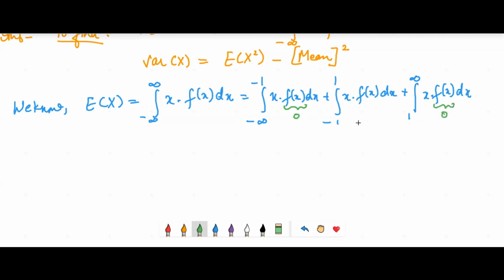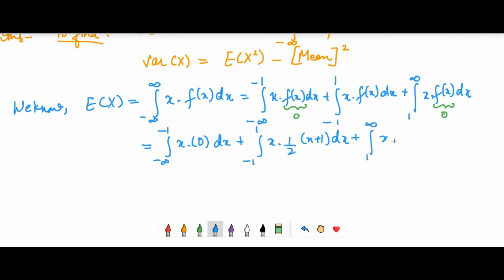And the only value of f(x) is lying in this particular interval from -1 to 1. So what we'll get is, from minus infinity to -1, x into 0. Substitute the value of f(x), that is half of (x plus 1), and then 1 to infinity.